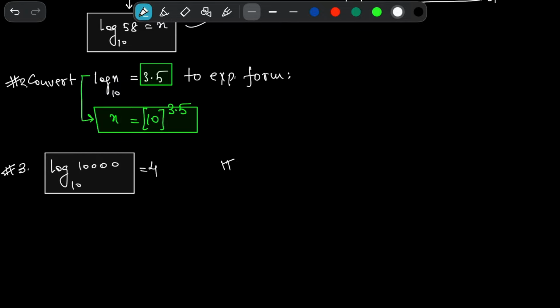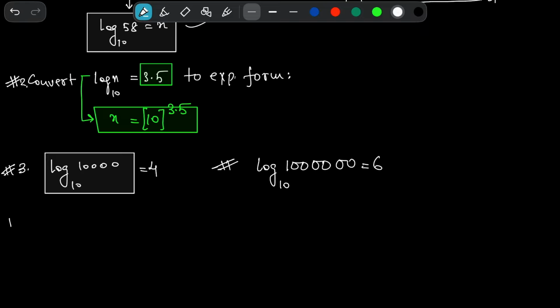In the same way, suppose they ask you log of 1 lakh. Now the question comes log of 10 lakh with the base 10, and my answer is going to become 6.